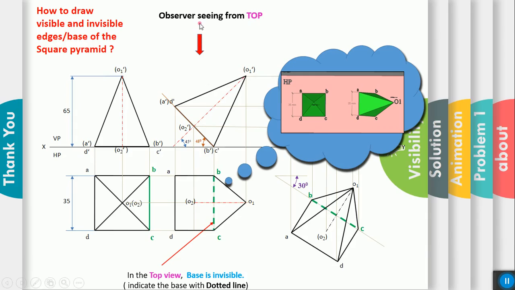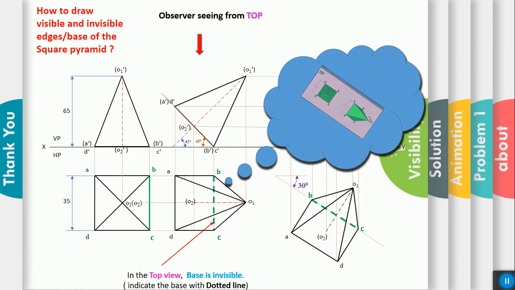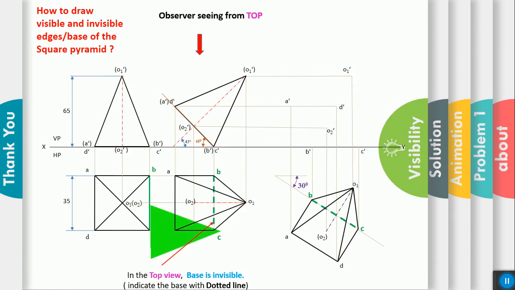Also, when the observer is seeing from the top side, he can see the triangular slant faces, that is O1 dash, A dash and D dash. Hence, in the top view, we will join A, O1, D with a continuous line, which is visible from the top side. And these are the three slant triangular faces which are visible from the top view.